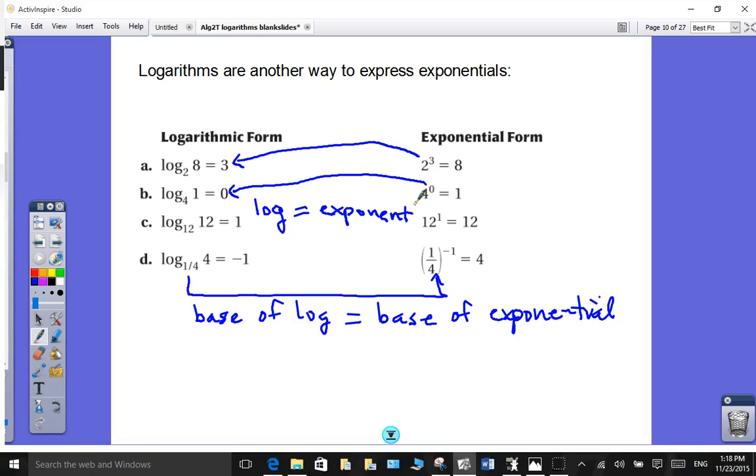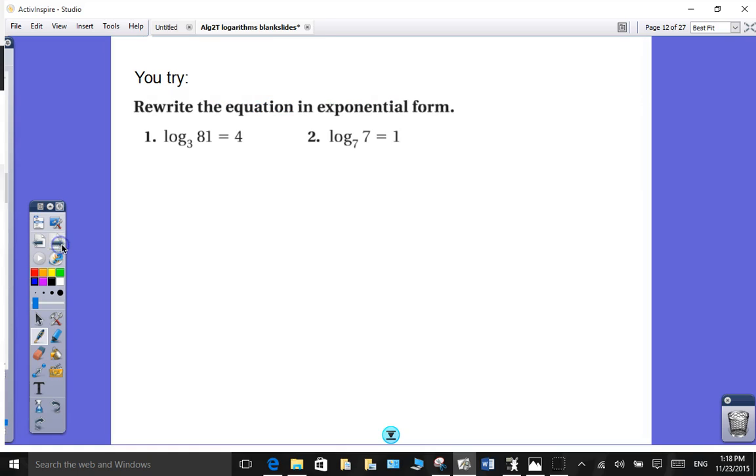Got it? So I think I'm going to skip over that one. So try to rewrite those two as exponentials. What's the base? What's the exponent?